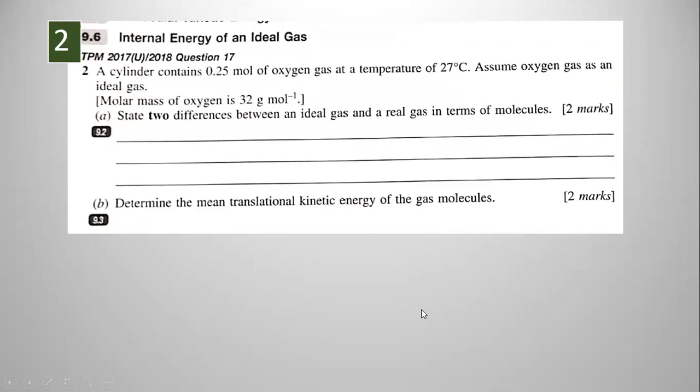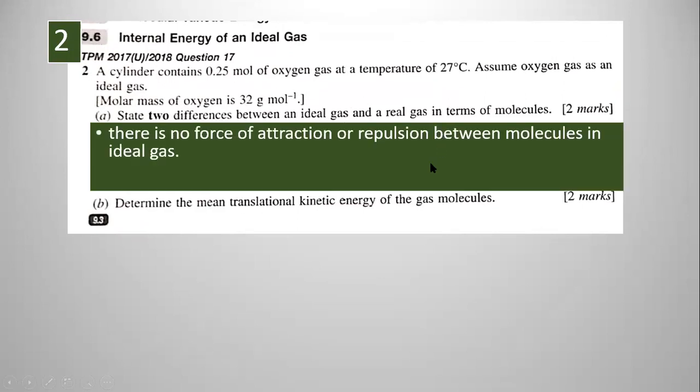A cylinder contains 0.25 mole of oxygen at temperature 27 degrees Celsius. Assume oxygen gas is an ideal gas. You are given the molar mass of oxygen is 32 grams per mole. State 2 assumptions, 2 differences between ideal gas and real gas in terms of molecules. There is no intermolecular force.